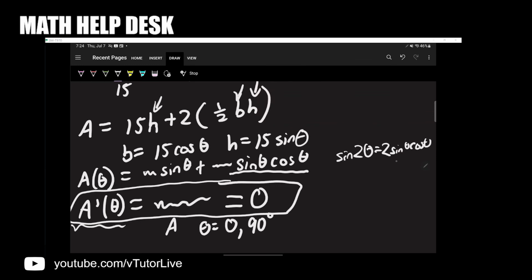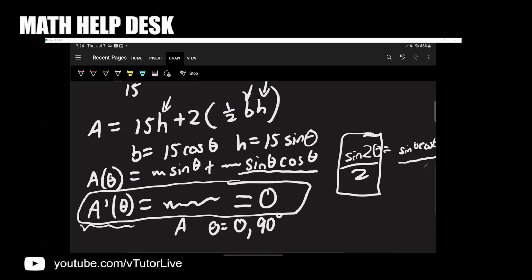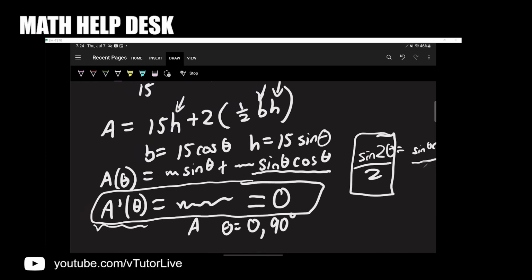And the idea here is that if you see a sine theta cos theta, you can convert that into a sine 2 theta over 2, because it's a little bit easier to think about taking the derivative of this one rather than the other. But however you want to do the derivatives is up to you. Just go through, check your work carefully, check your derivatives carefully, and go ahead and solve that out. All right.